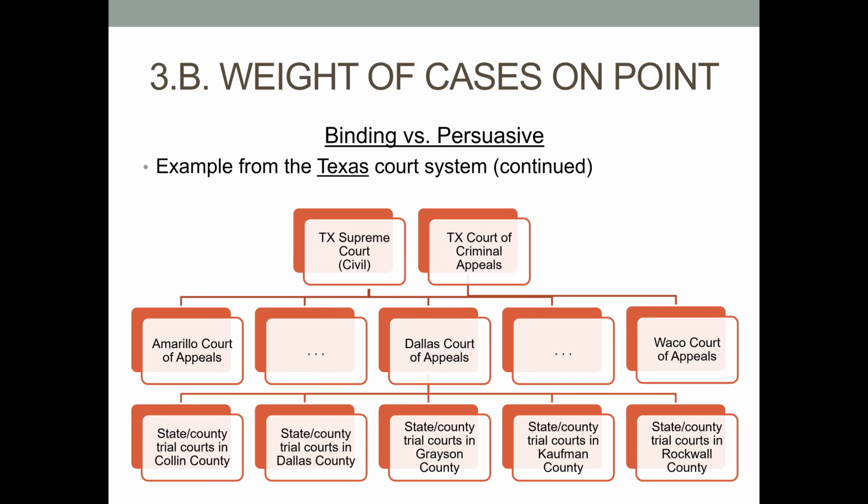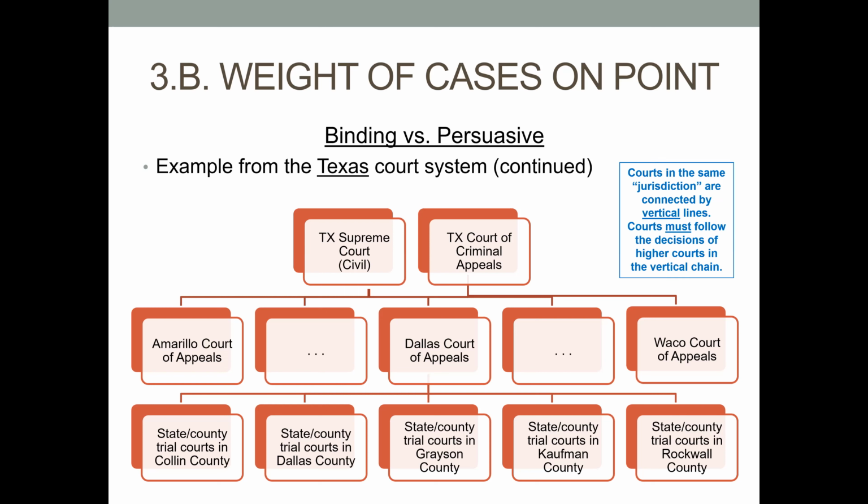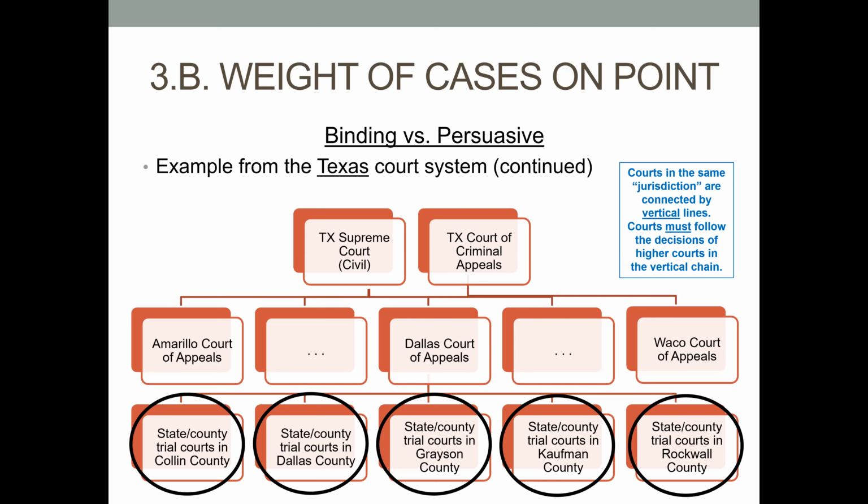But notice here, let's assume that you have a client who is in a trial, either a Texas district court or a county level trial court, sitting in Collin County, Dallas County, Grayson, Kaufman, or Rockwall County.